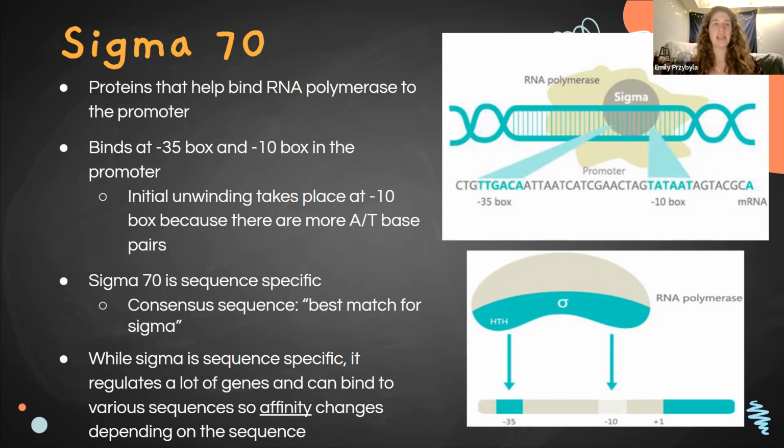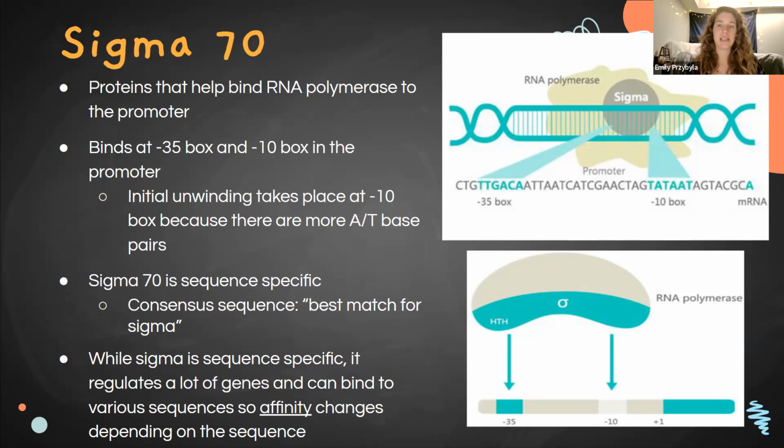So sigma 70 is in prokaryotes. It helps RNA polymerase bind. And sigma 70 is sequence specific, which means it binds at certain sequences, and certain DNA sequences have better affinity.